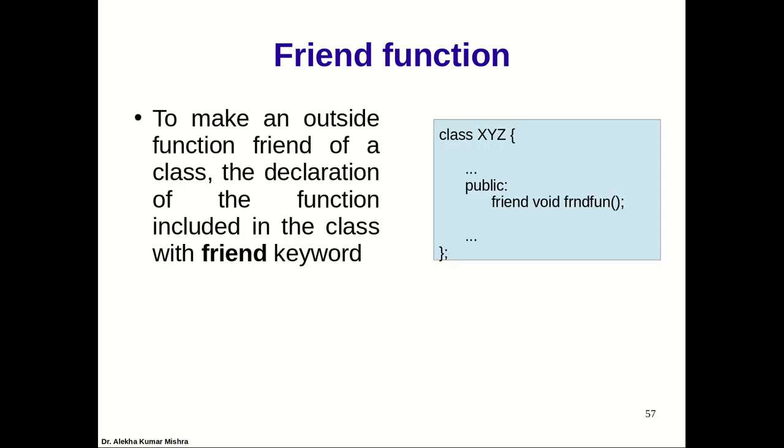So how can we define a friend function? While declaring a class and defining the member functions, we simply add a declaration or prototype of the function, and we just prefix it with the keyword friend. When I say friend for a class XYZ, friend void friend function, that means the friend function is a non-member.